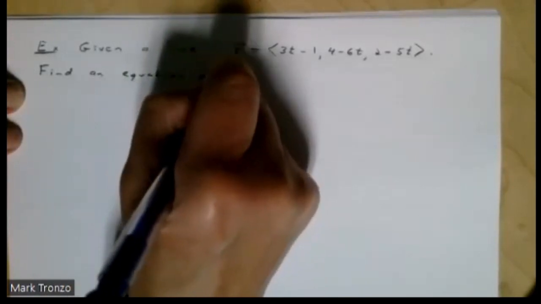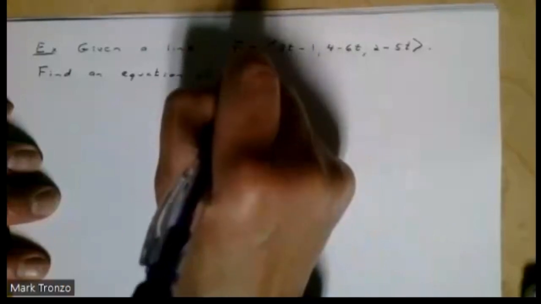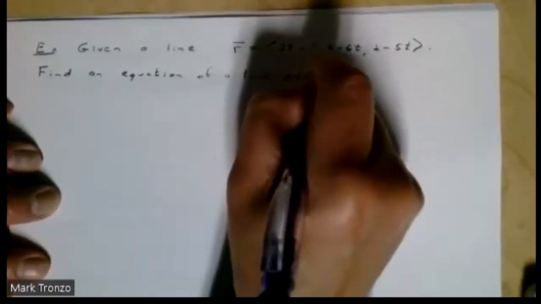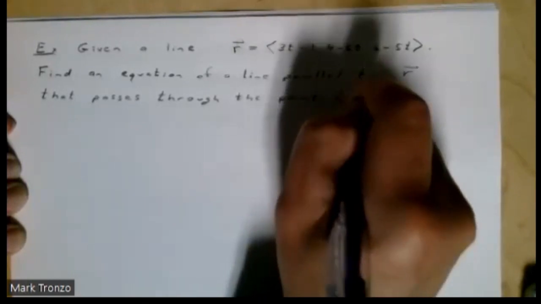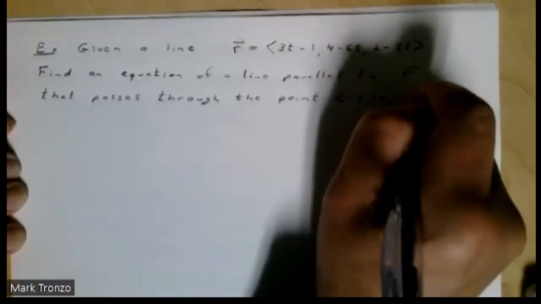Find an equation of a line parallel to this line up here, R, that passes through the point -2, 12, 7. Let's see if we can do this.